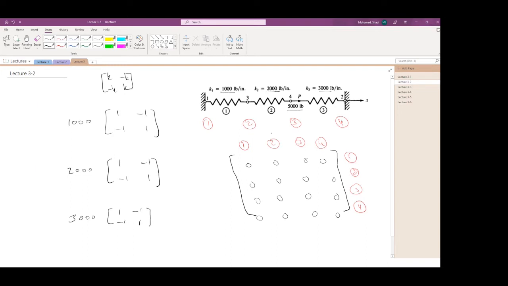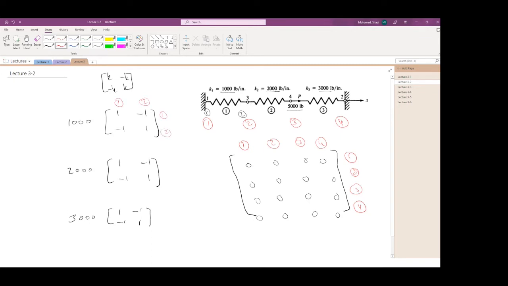Now I want to find the relation between these global and local systems. If you look into the first element, this is node number 1 and this is node number 2. 1 is related to 1, 2 is related to 2. So 1 and 2 are going to be 1 and 2, 1 and 2.